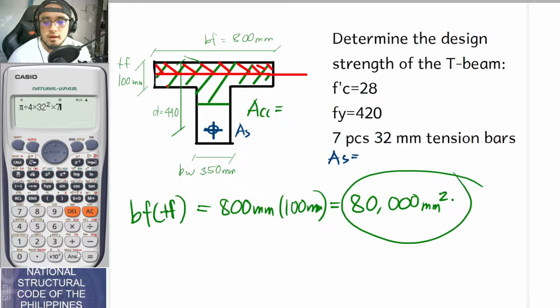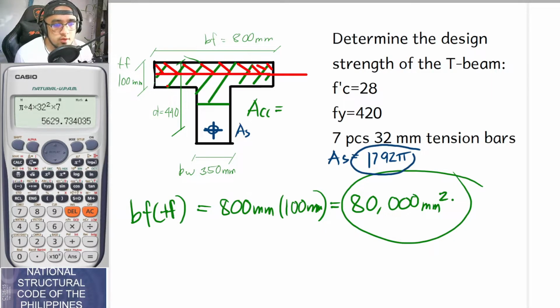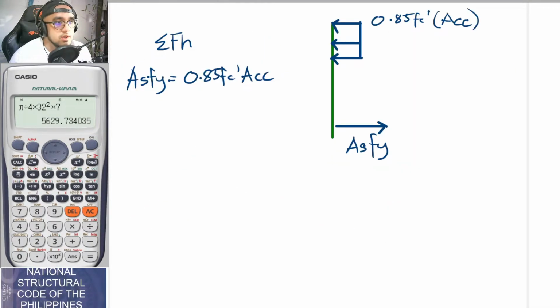This is the area of our steel, and this is 1792 pi. In decimal form, that is 5629.73. But I think it is better if you would be using 1792 pi so that we wouldn't need to round off anymore.